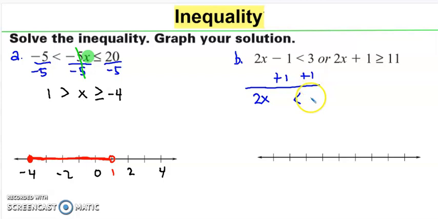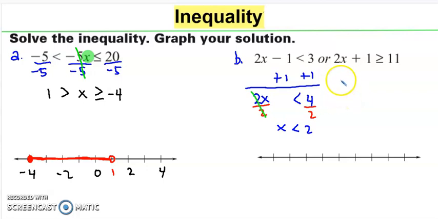Bring down the inequality, and 3 plus 1 is 4. Then we divide both sides by 2 to get rid of this 2. So this reduces to 1. So technically we have 1x, but we only write x, less than 2.